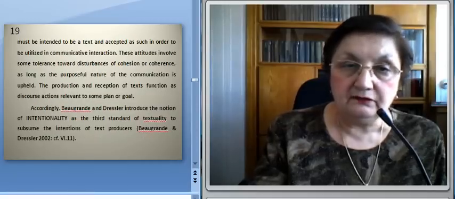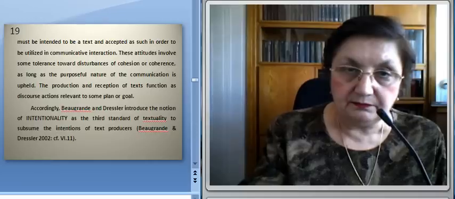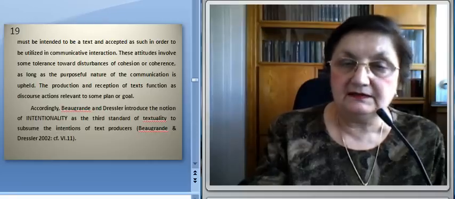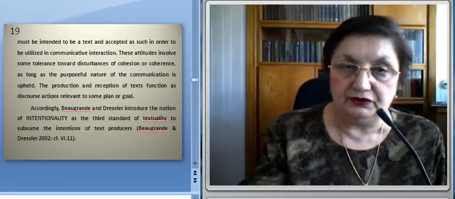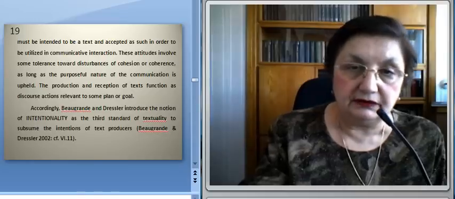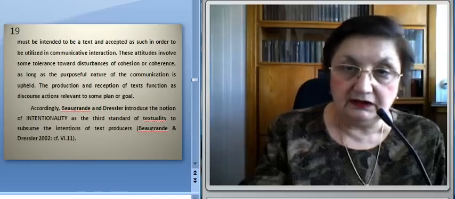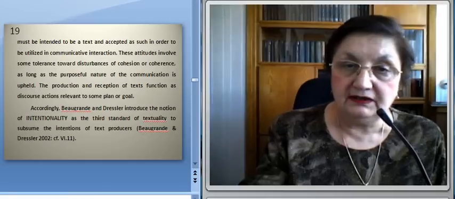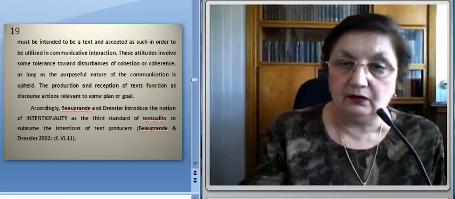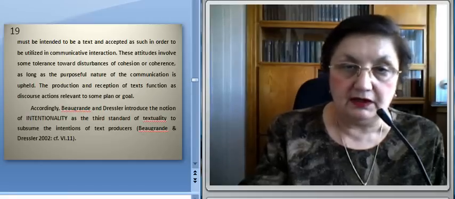These attitudes involve some tolerance toward disturbances of cohesion or coherence as long as the purposeful nature of the communication is upheld. The production and reception of text functions as discourse actions relevant to some plan or goal.